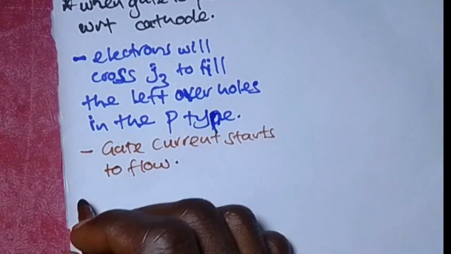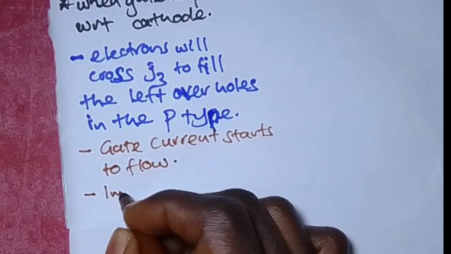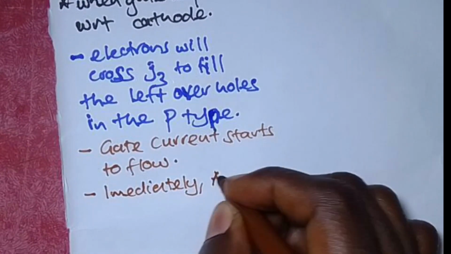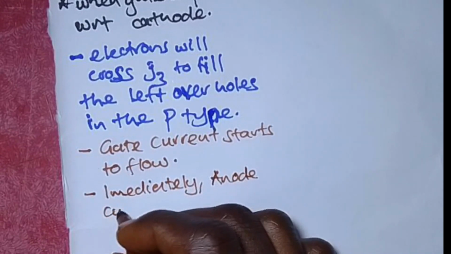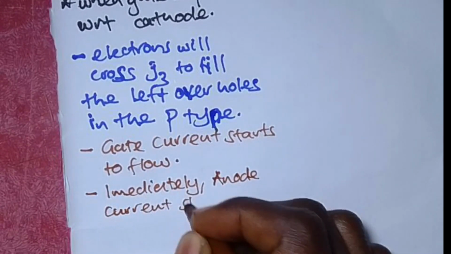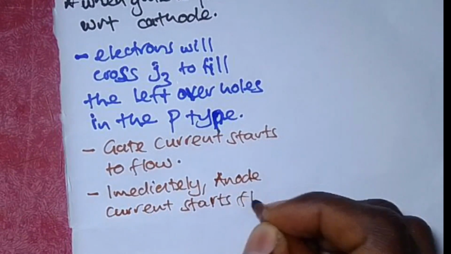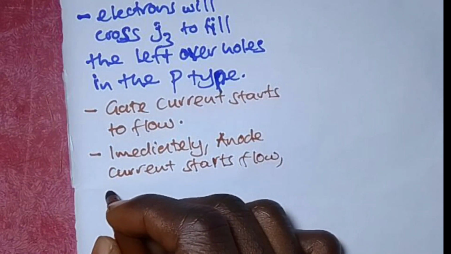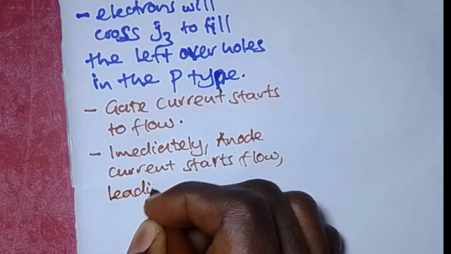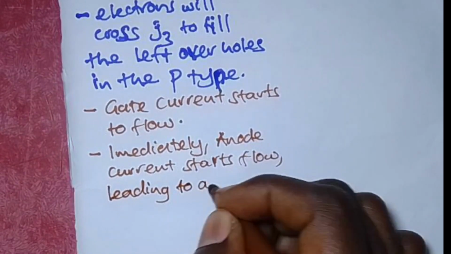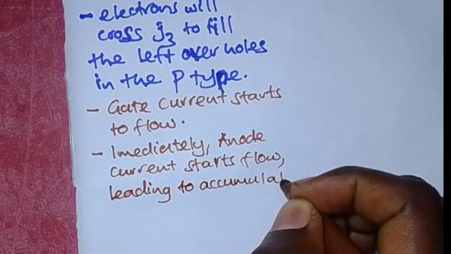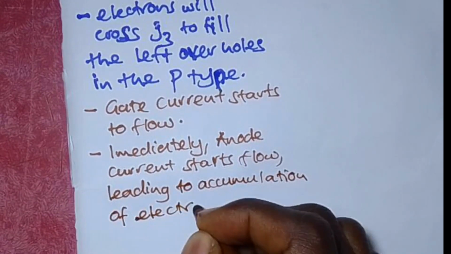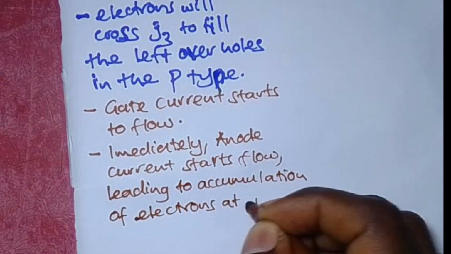And as soon as gate current starts to flow, immediately the anode current also starts to flow, and after the anode current starts to flow, this will lead to accumulation of electrons at J3.